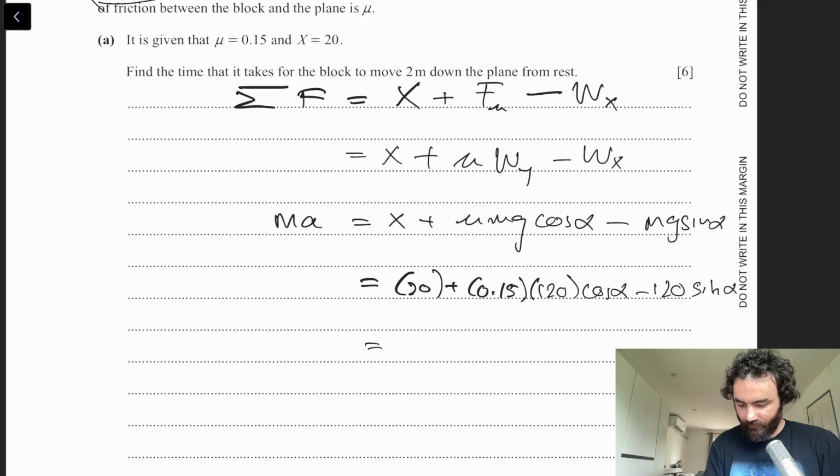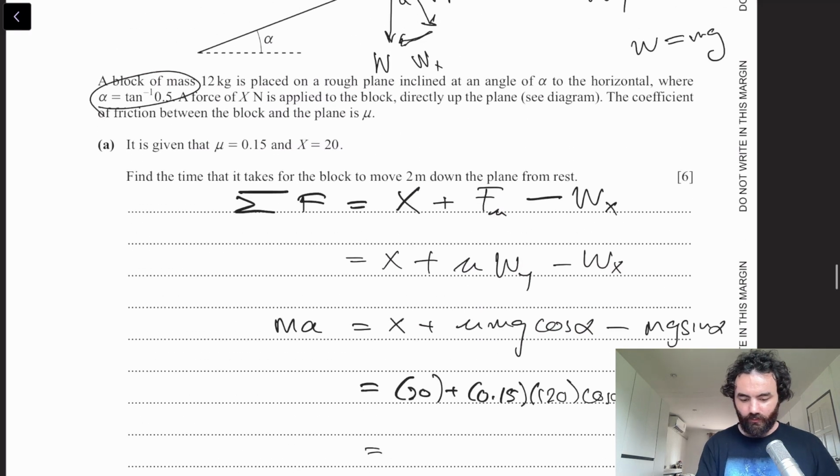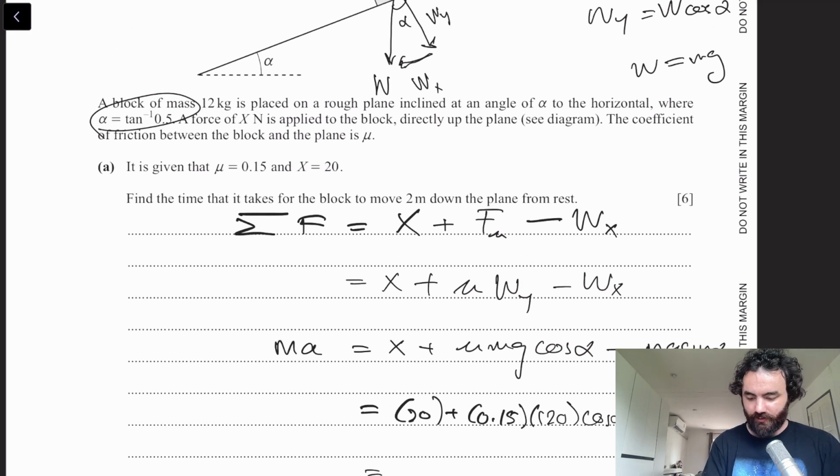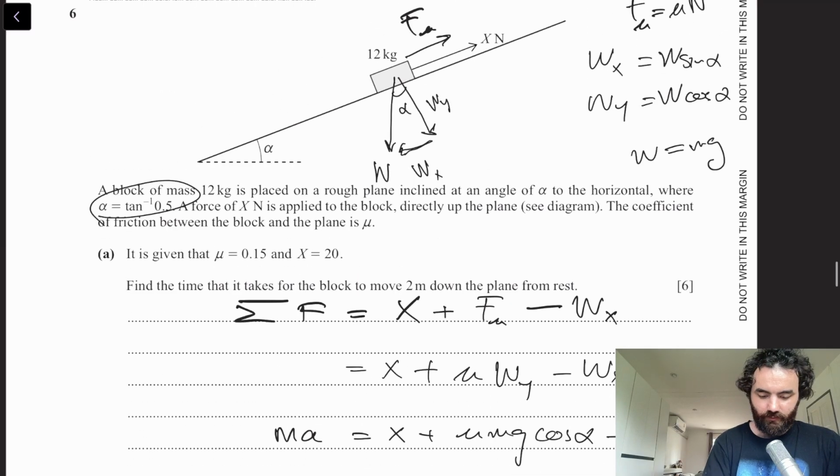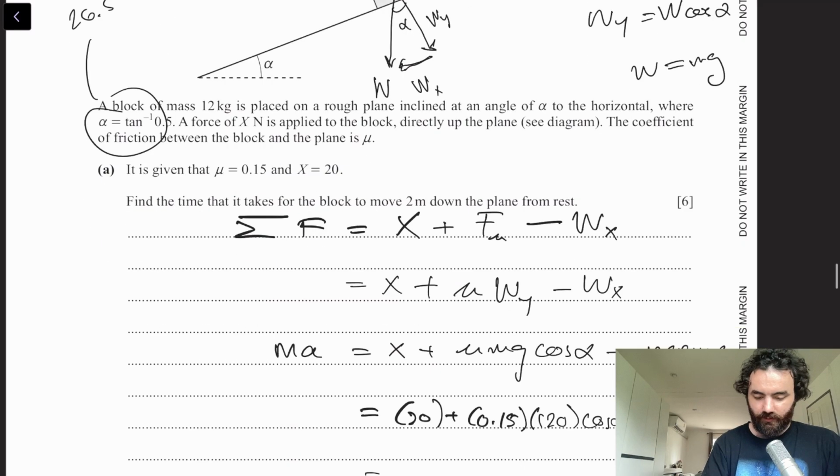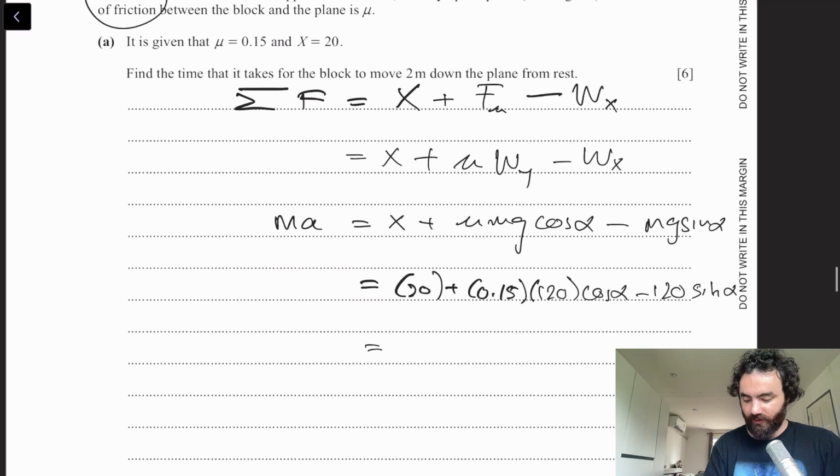I would first work this thing out. So I'll work out alpha. So alpha equals shift tan of 0.5. So this gives a long number, 26.565 degrees. And I'm going to plug that number directly into here.